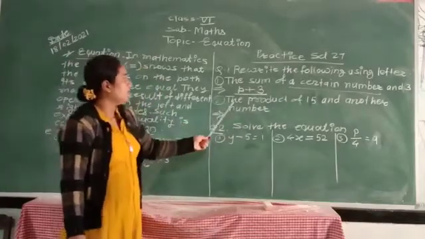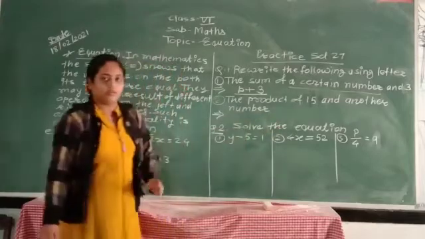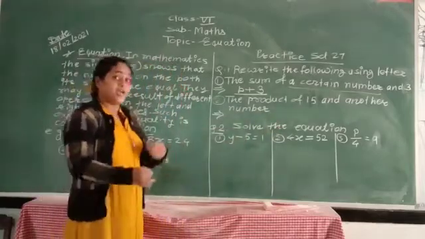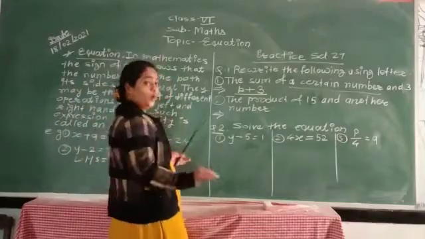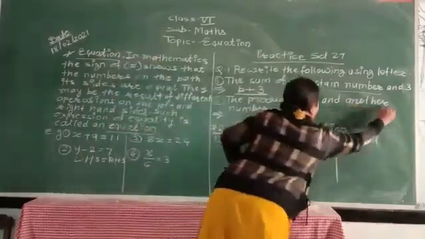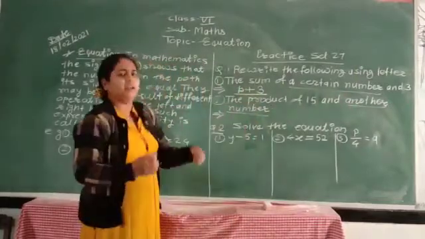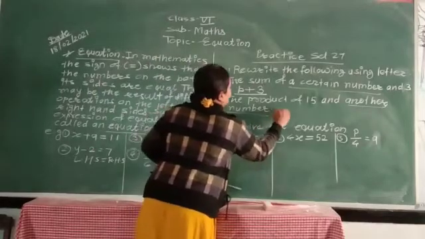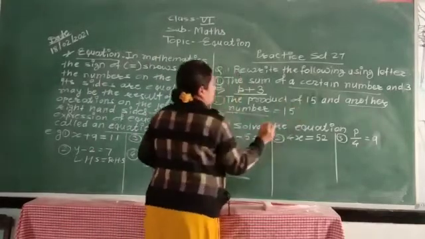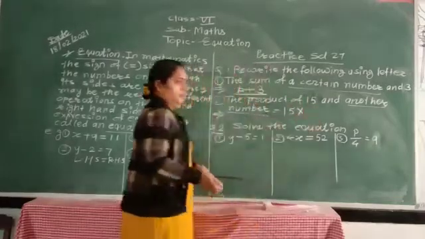Now, second, the product of 15 and another number. Again here, the value of that other number is not known to us. The product of 15 and another number means we have to write 15 multiplied by any number we can choose.